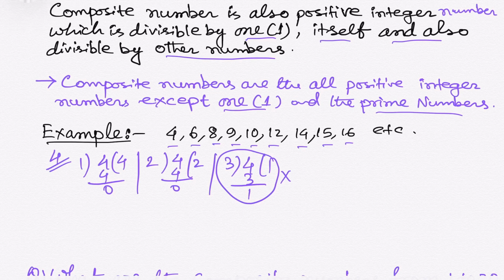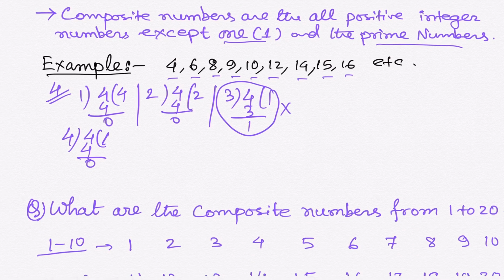Now is 4 divisible by 4? Yes, 4 ones are 4, the remainder is 0. We see that the factors of 4 are 1, 2 and 4.